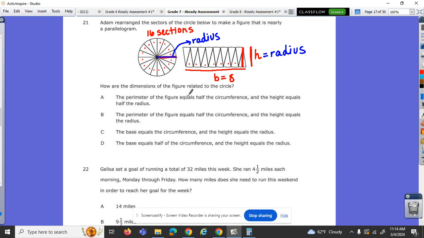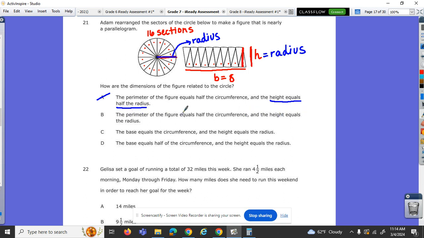The perimeter of the figure equals half the circumference, and the height equals half the radius. Well, just that last part is going to be incorrect. The height is the radius, not half the radius. The perimeter of the figure equals half the circumference, and the height equals the radius.